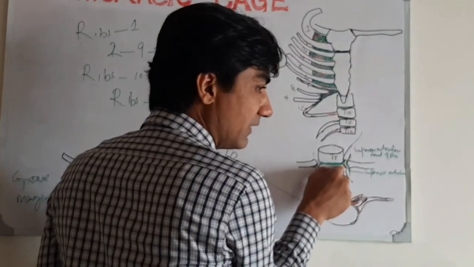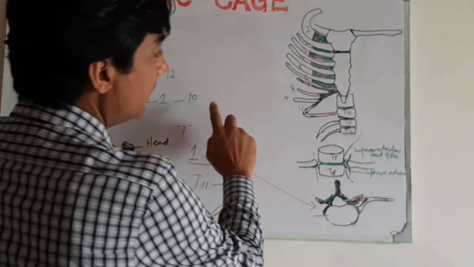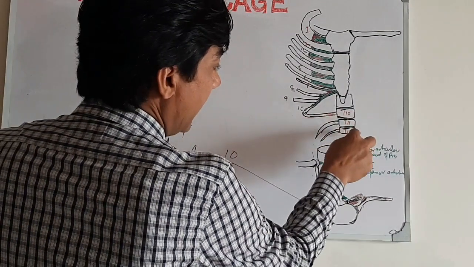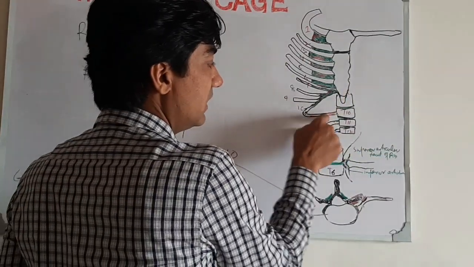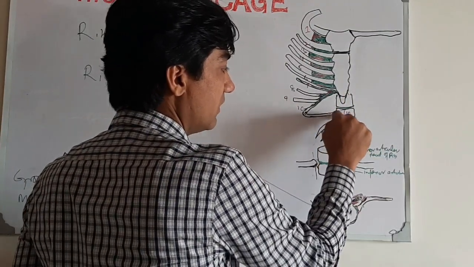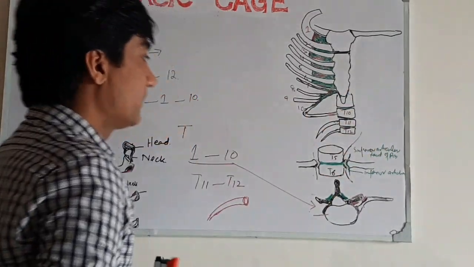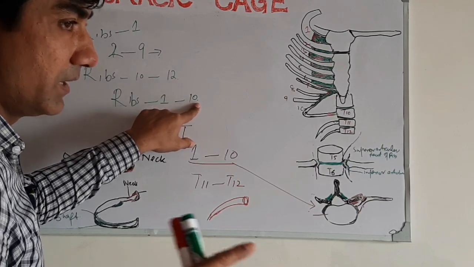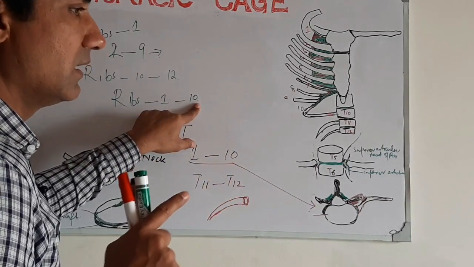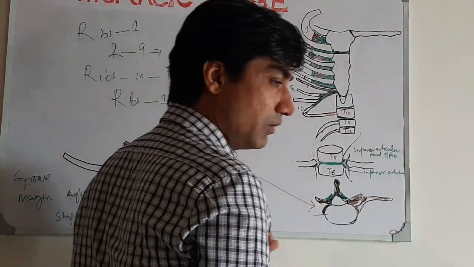You can see the attachment as we have discussed already. And ribs 10 to 12 have a direct attachment with a single articulation posteriorly with the thoracic vertebra.